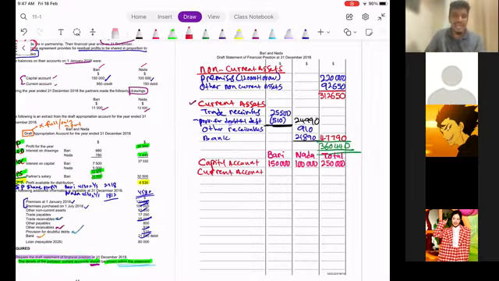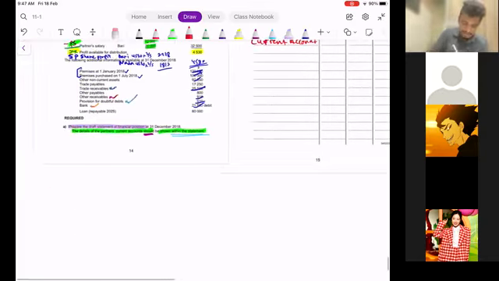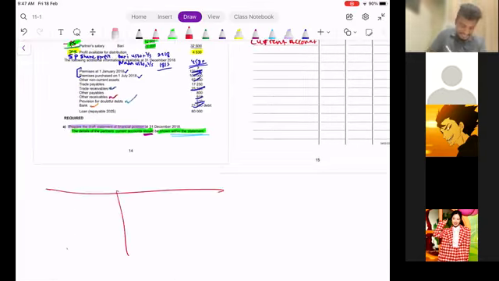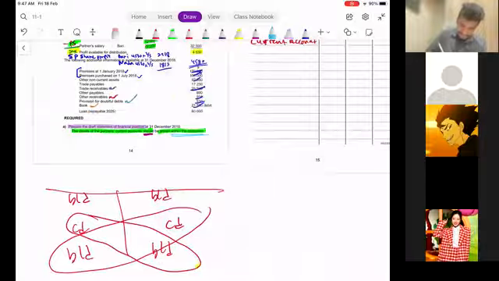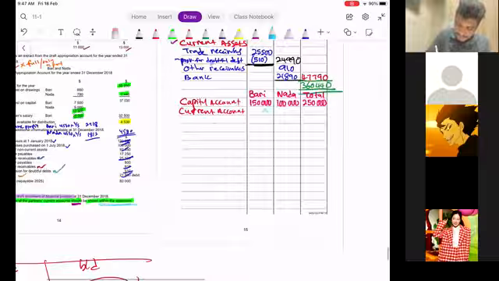After that, we have current account. If you have already done the current account, we take the latest balance BD. We have a balance BD at the beginning of the year and then the balance CD. If you already have this balance, you take it, write it here, total up, then go for the next one, non-current liability.